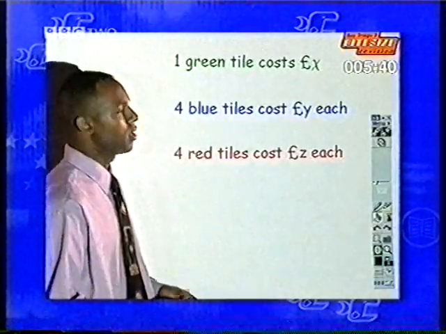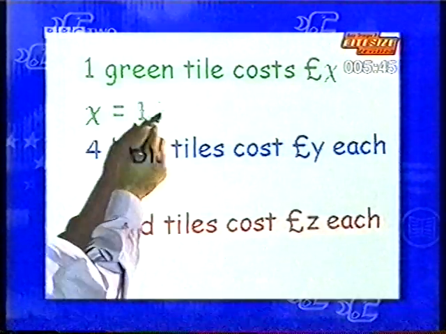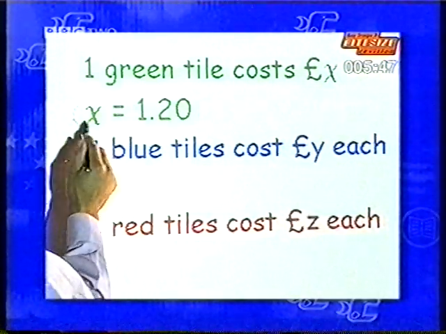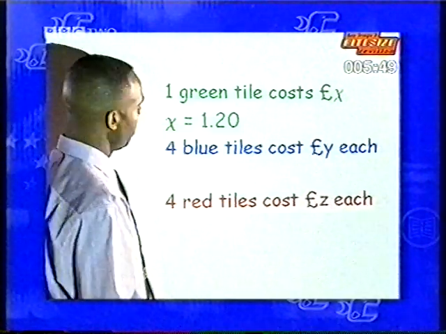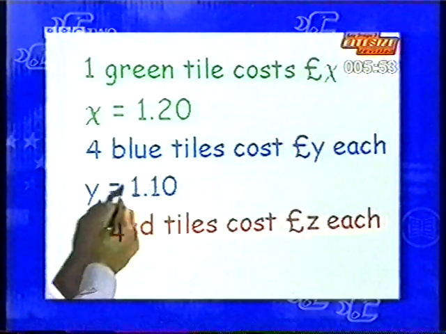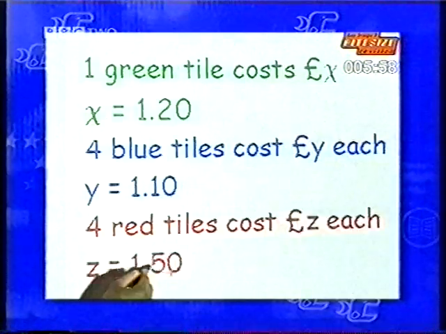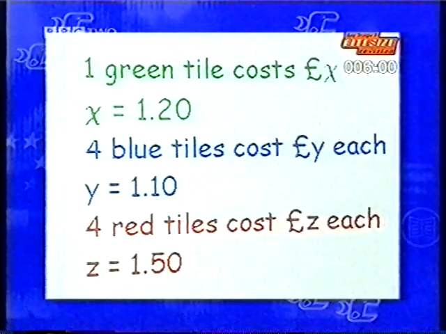So let's consider an order form. The cost of the green tiles could come up at £1.20, for example. The blue tiles could be, say, £1.10. And the red tiles might be £1.50 each.